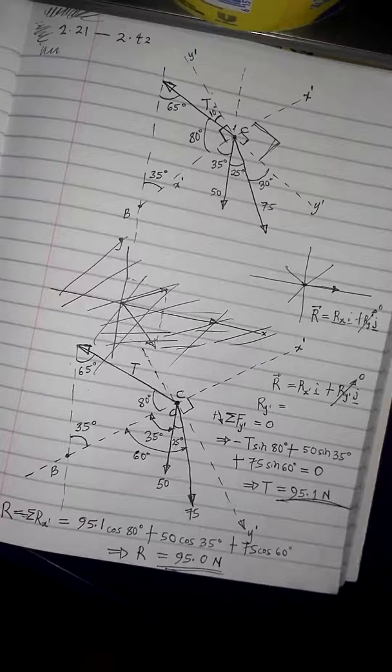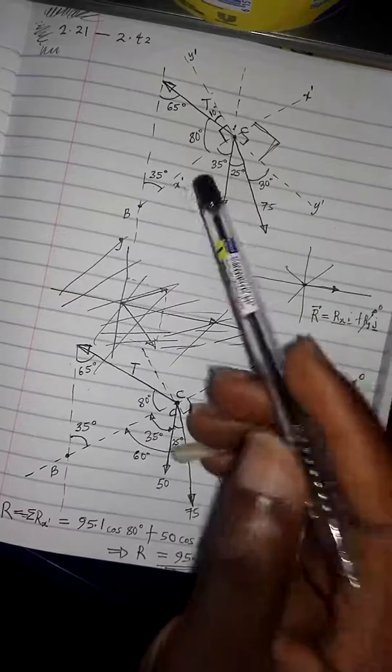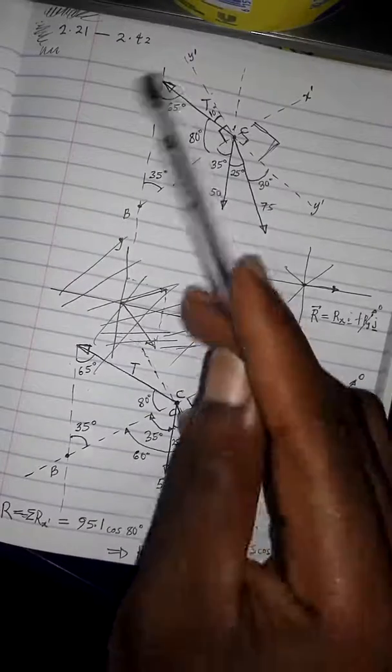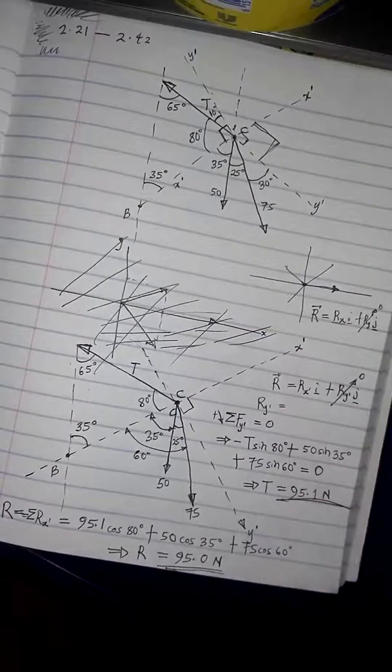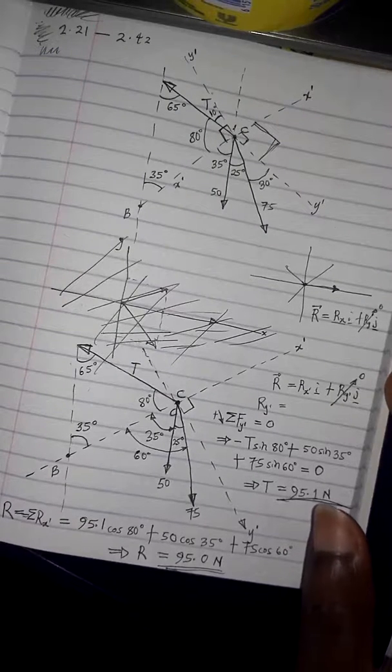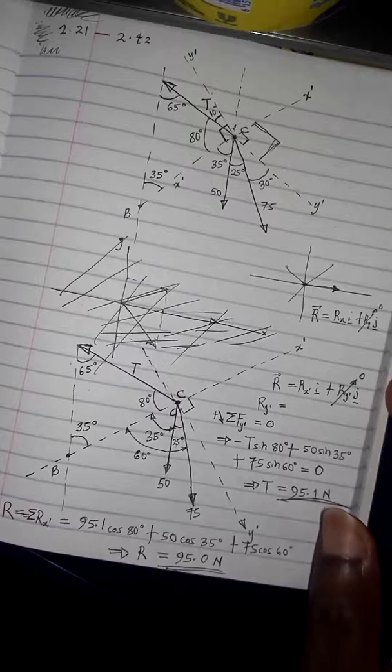If you want to use the graphical method, the parallelogram rule, you have to combine two at a time, so it takes some time to come up with the solution, but I think you understand this, so we're good to go. Alright. I think you should be able to solve other problems in this exercise.